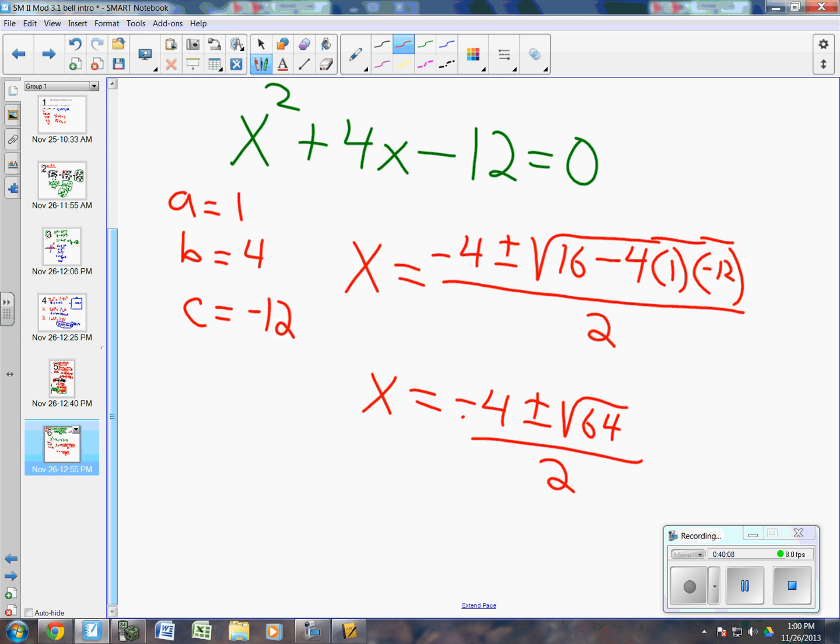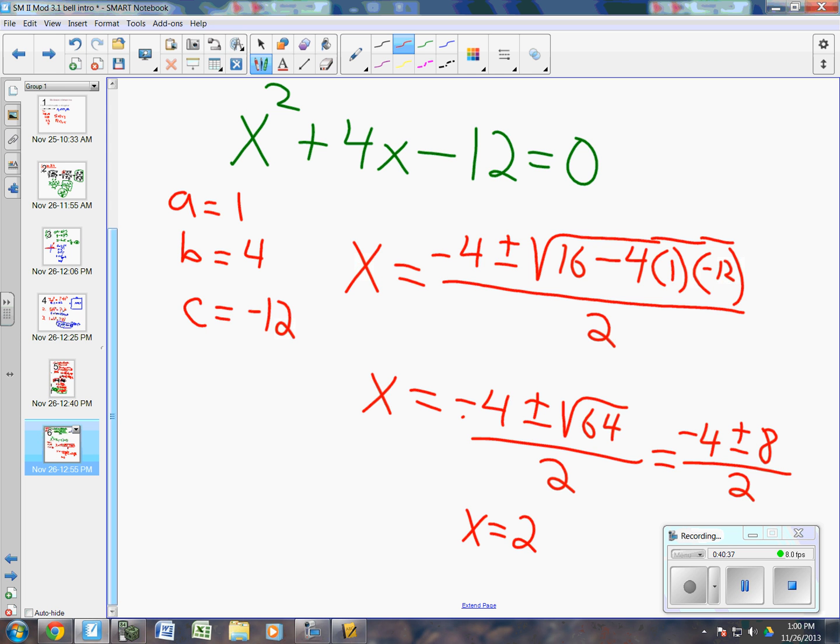I always like to have you guys do it in your calculator because so many kids make mistakes when they do it in their head. You guys should know order of operations to simplify that. Okay, what's the square root of 64 now, everybody? It's 8. I'm almost done. What's negative 4 plus 8? 4 divided by 2 is 2.